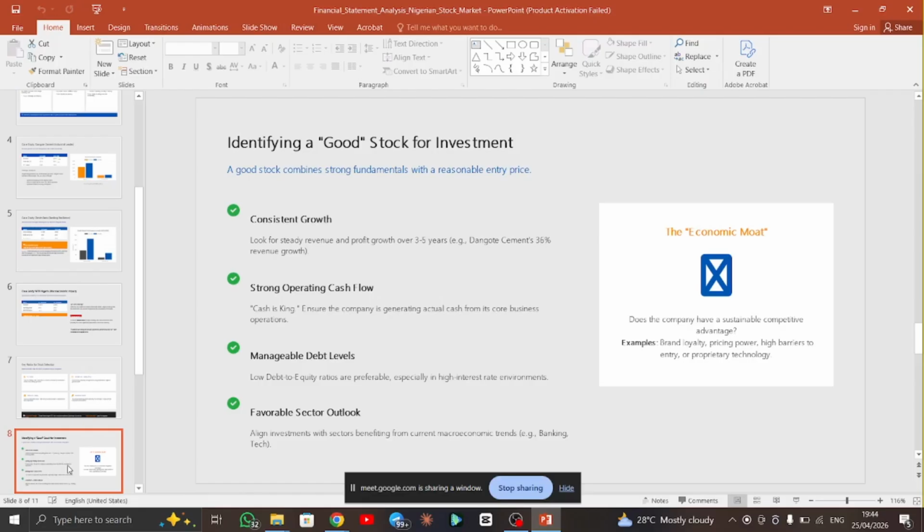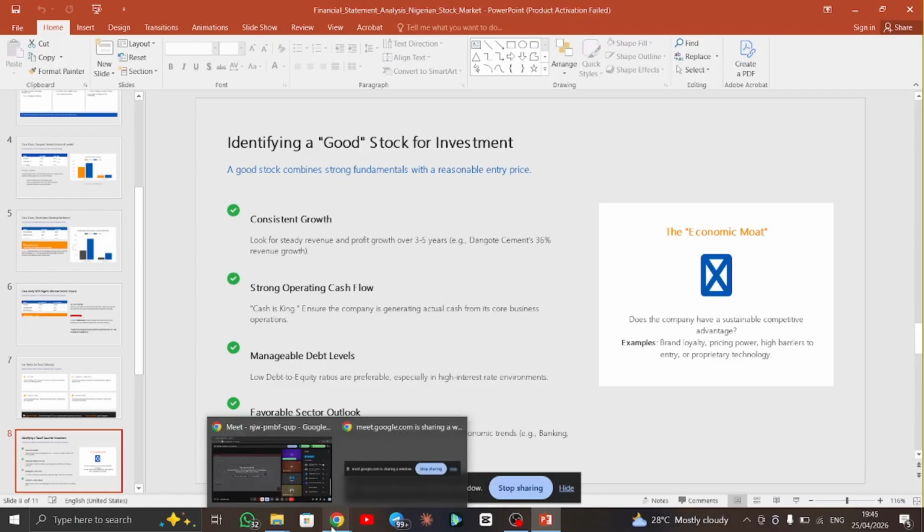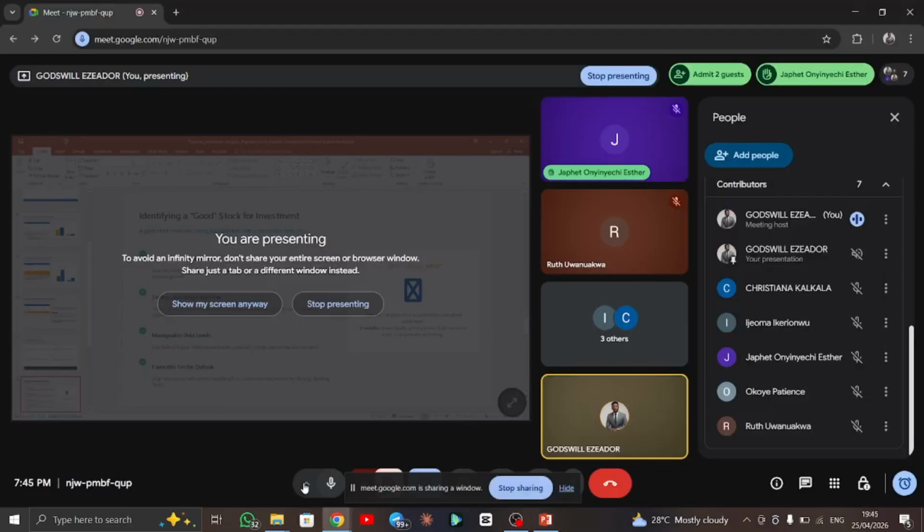As somebody that is starting, and the funniest part is that after saying that, the person will tell you, "Sir, I have 5,000 naira to invest," and you want to buy MTN stock that is almost 1,000 naira. How many units are you buying? Just five. Do you understand? So you need to look for promising stocks that are still starting, stocks that have potential to grow, not stocks that have made it, right?